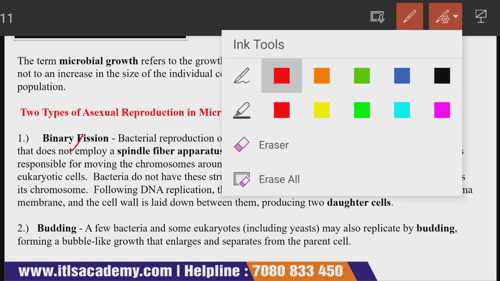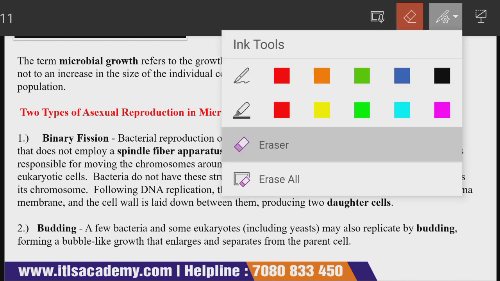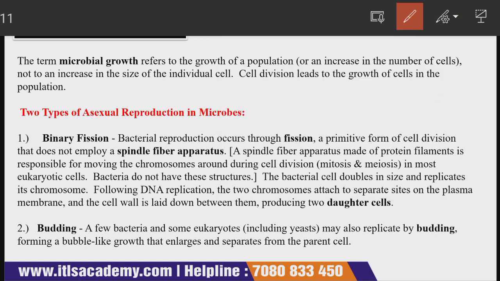The first one is binary fission. What is binary fission? Bacterial reproduction occurs through fission, a primitive form of cell division that does not employ a spindle fiber apparatus.